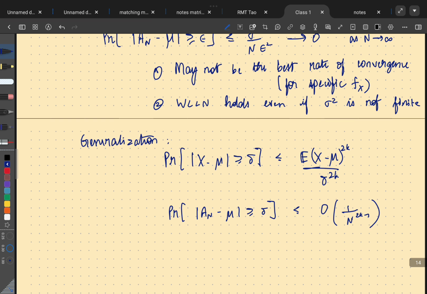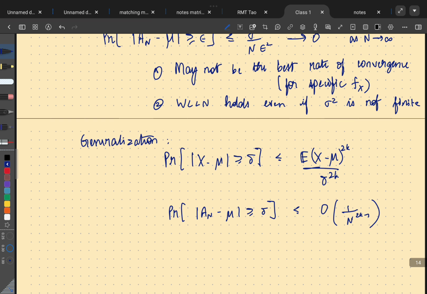That's what one would expect. So I can get a higher order polynomial by taking higher order moments, assuming that I had IID, so A_n is just the average of n IID random variables.